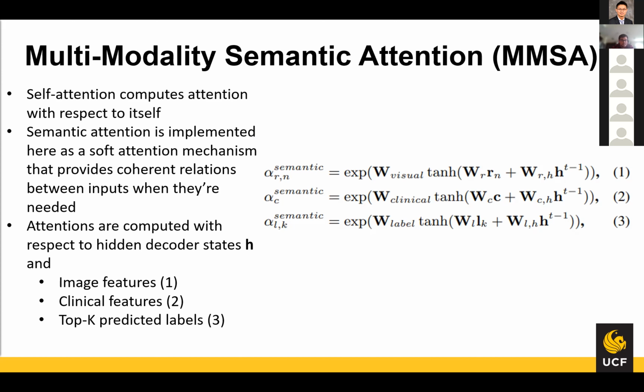Again, the attentions are computed with respect to both the hidden decoder states, H, in the far right side of the equations, and it's done 3 times with respect to each of the different inputs being processed. So these attentions know when they're being used, and also from which modality is being explored.